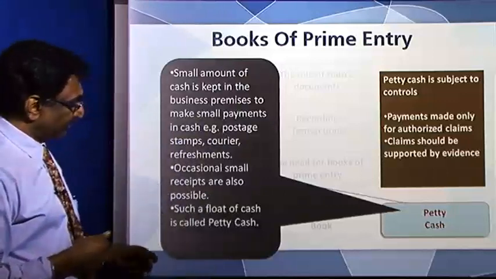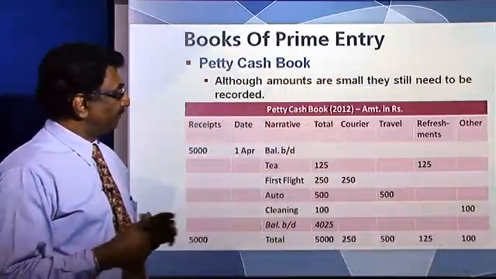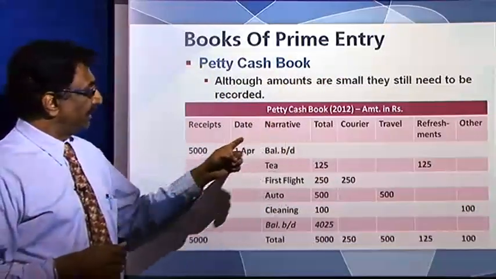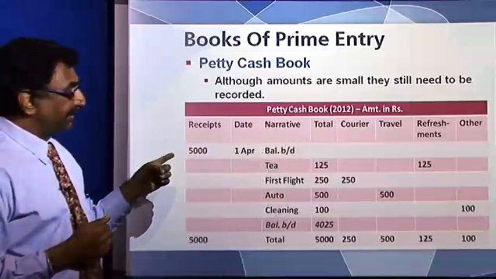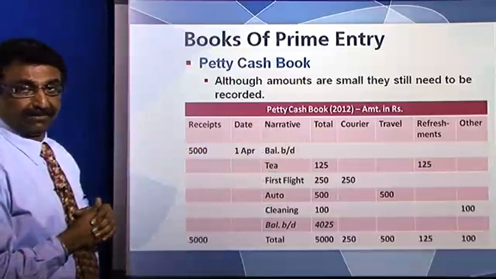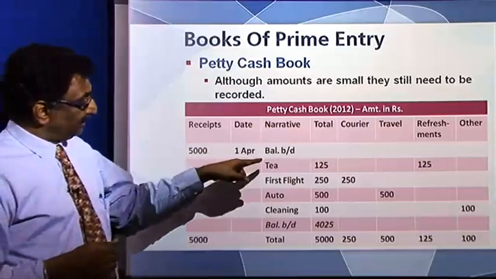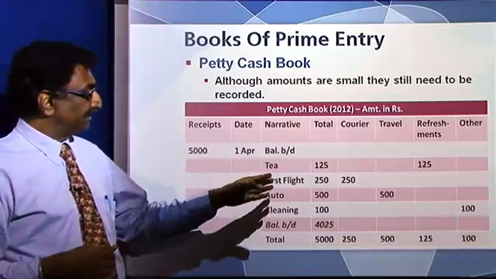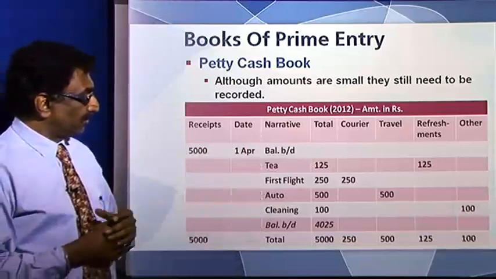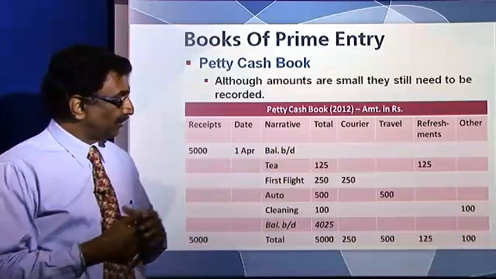So what does a petty cash book look like? Essentially we are looking at an example here where we had an initial balance on 1st April of 5,000 rupees. It was the petty cash received in a branch office of a particular business, and during the day this was the amount spent on tea, courier, auto charges and cleaning charges, amounting to about 900 odd rupees.